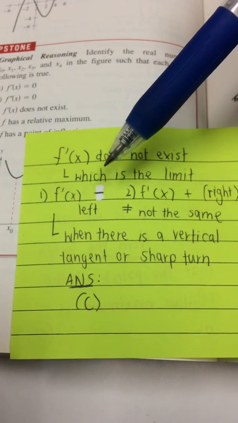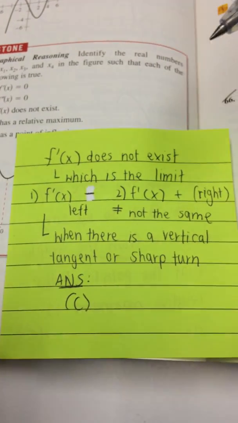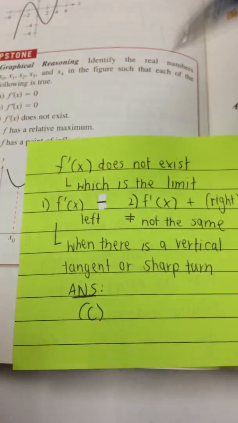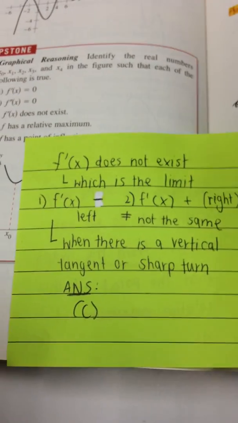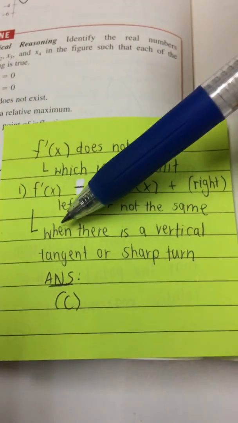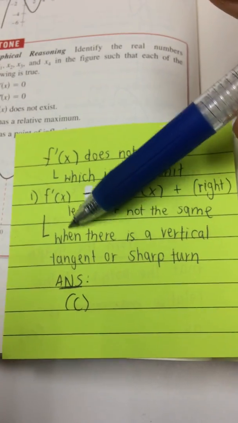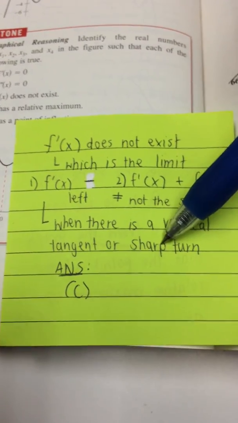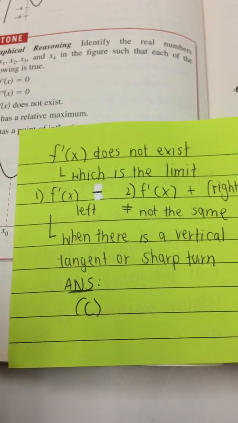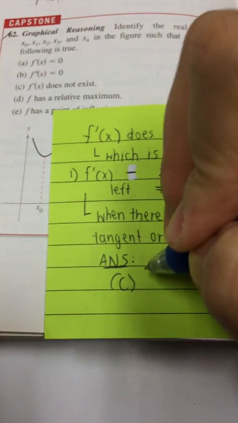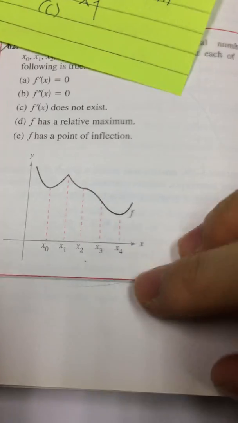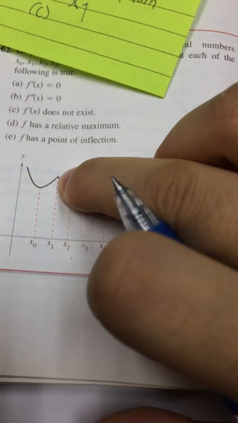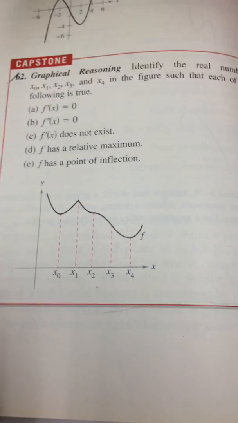So it can either be that on the left it is negative and on the right it is positive, or it simply has a different value. So this happens when there is a vertical tangent or sharp turn. And the answer for question C is at point x1 over here, x1. See, there's a sharp turn.